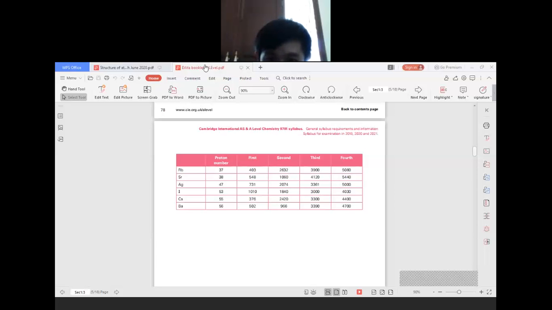Is it 966? No. How come the second ionization energy of radium is the same as the second ionization energy of barium?